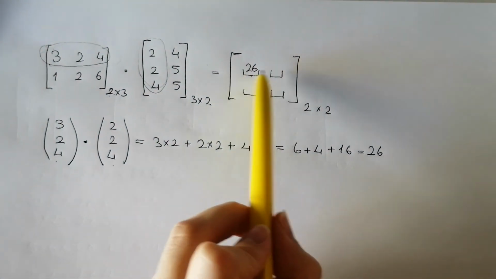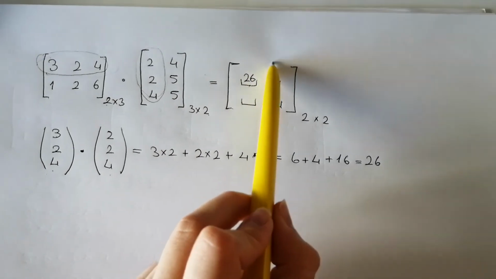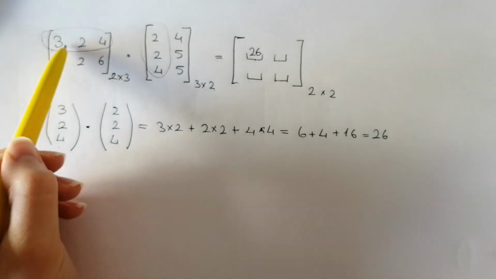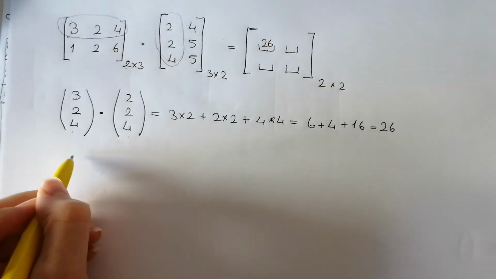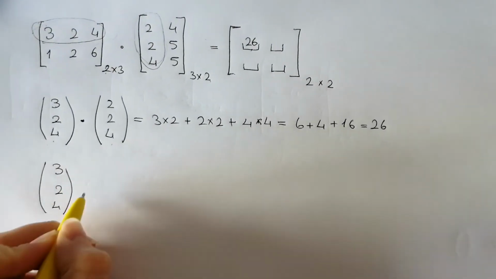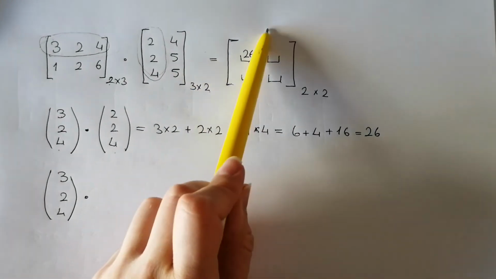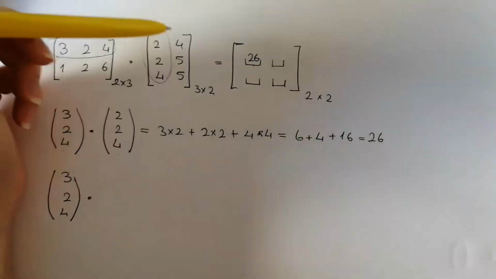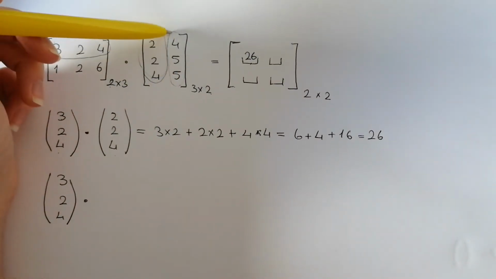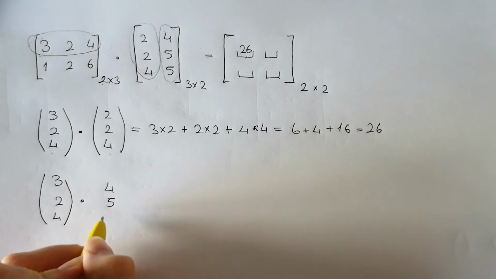Now let's find this entry. So this is the first row, second column. So the first row of the first matrix is 3, 2, 4 multiplied by the second column from the second matrix, and it is 4, 5, 5.